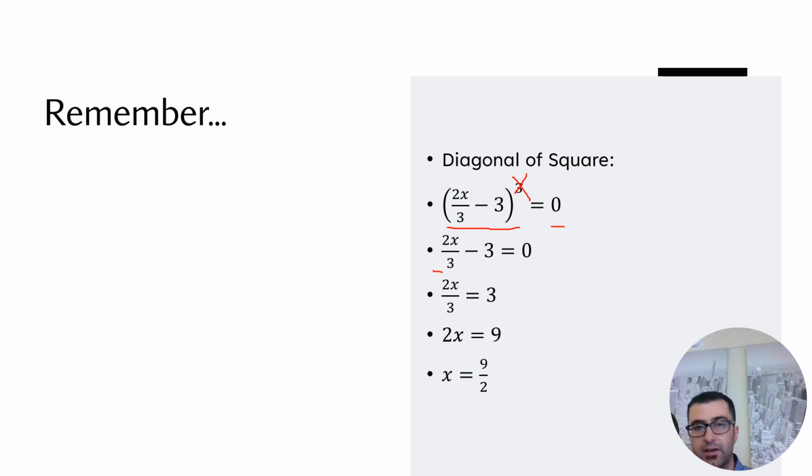So we can add 3 to both sides, then we multiply both sides by 3, and then we have 2 multiplied by x is equal to 9. We divide both sides by 2 and we have x is equal to 9/2.